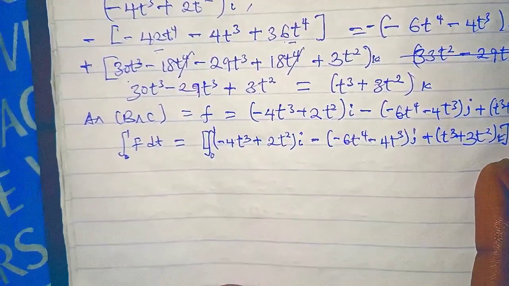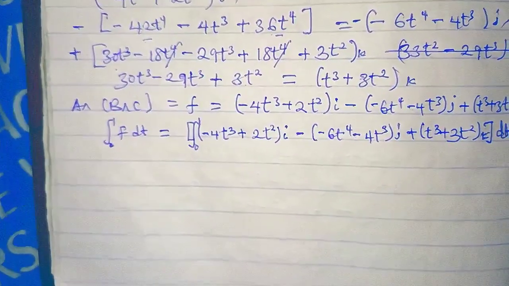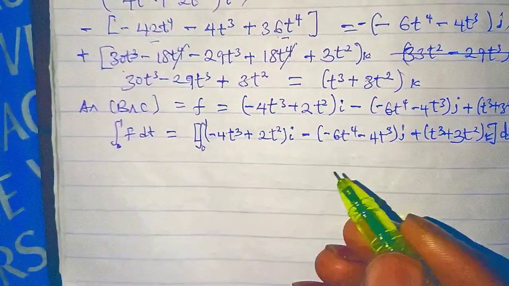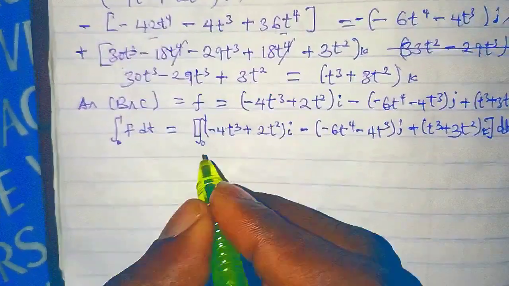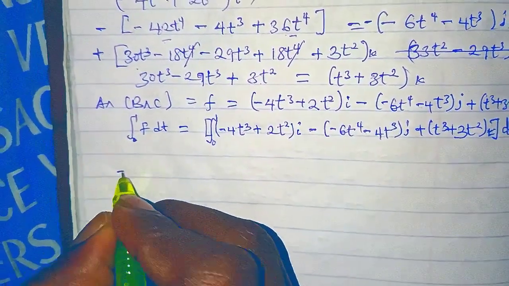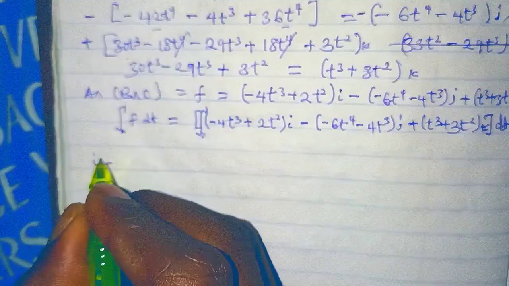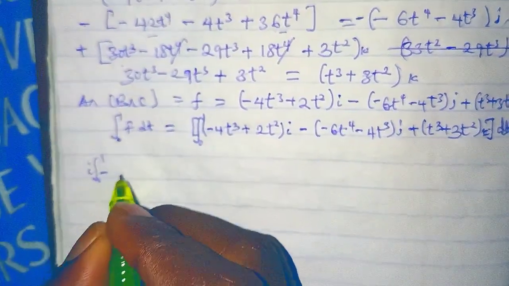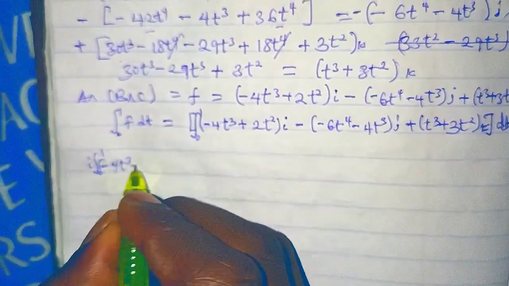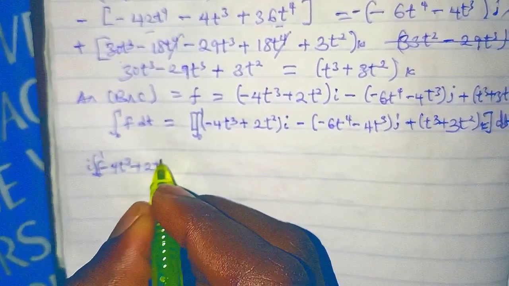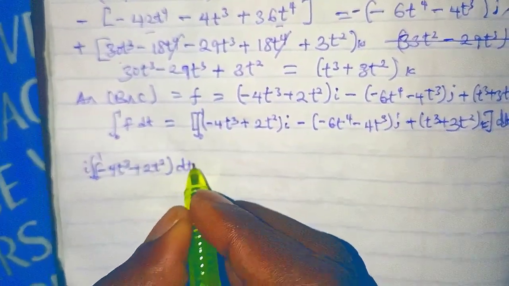Alright, so we can split this. We can divide it and integrate based on the component. So we have i times the integral from 0 to 1 of minus 4t cubed plus 2t squared dt.